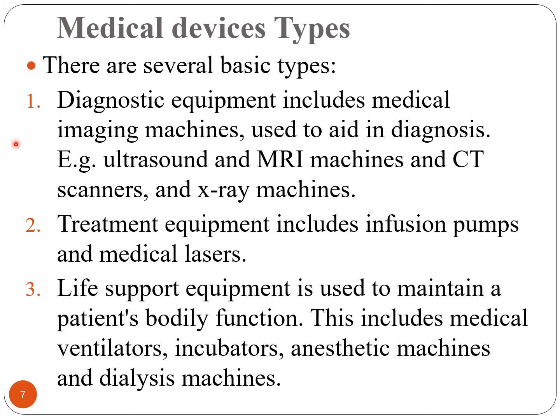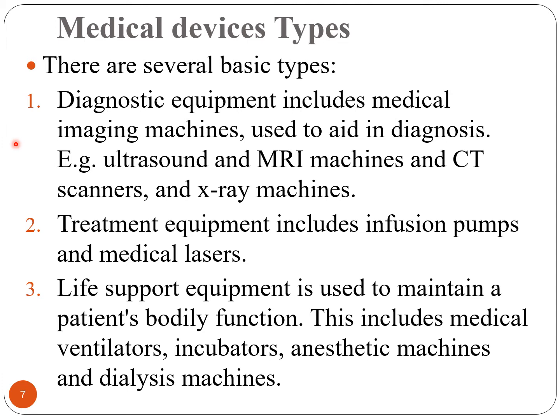Regarding the types of medical devices, there are several basic types. First, diagnostic equipment, including medical imaging machines used to aid in diagnosis, such as ultrasound, MRI machines, CT scanners, and X-ray machines.